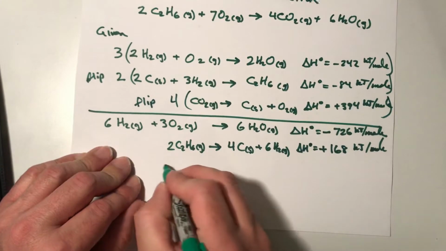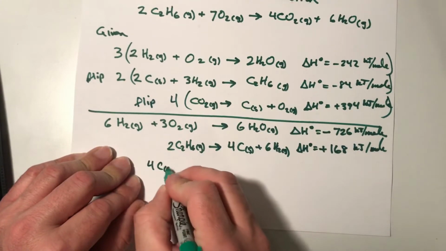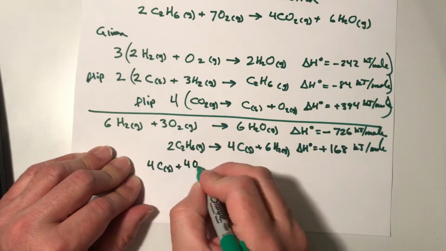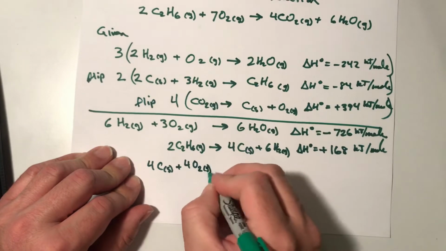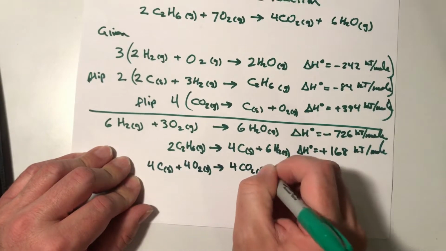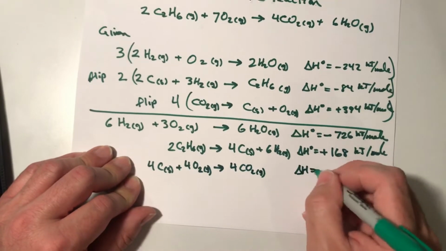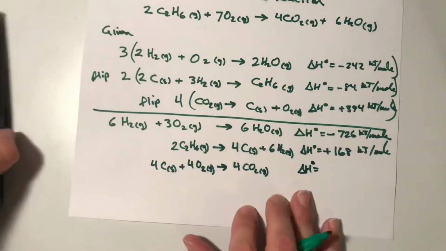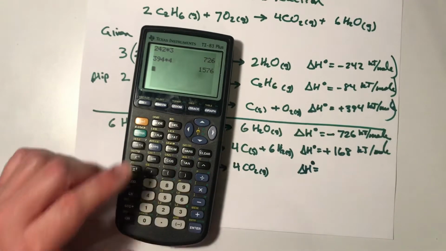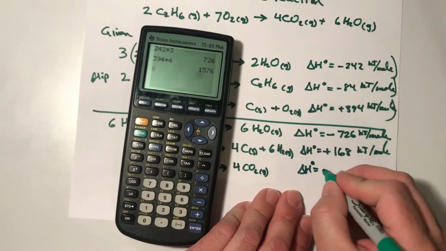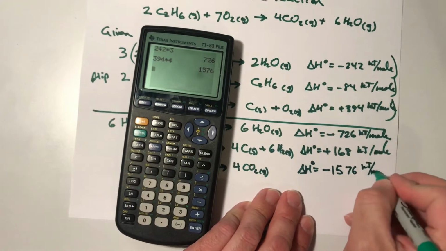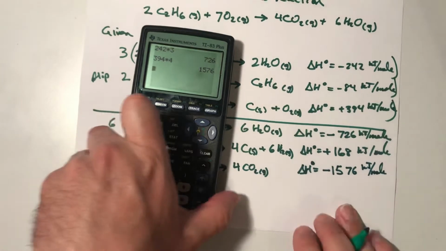So we've got 4 solid carbon plus 4 O2s yields 4 CO2 gas. So that multiplies the delta H through by 4 and changes the sign. So 394 times 4 is 1576, but we need to make that negative now. If you flip the reaction, you have to flip the sign.